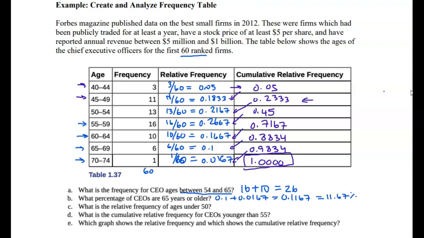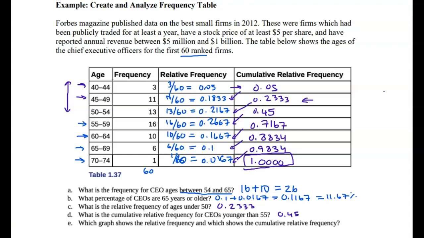The cumulative relative frequency adds everything up to and including that last row. So 0.2333 is the answer. All right, what's the cumulative relative frequency younger than 55? So that's going to be adding up the first 3 rows, which is this cumulative frequency, 0.45.